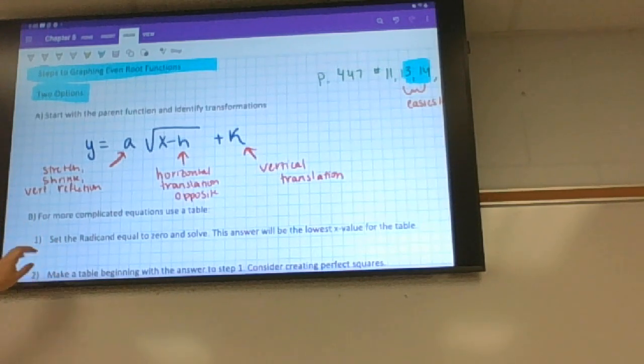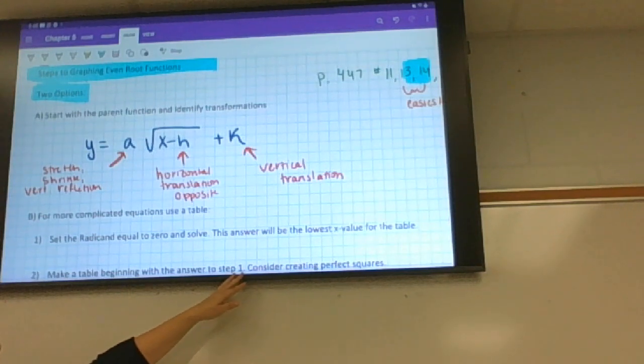Take whatever's under the radical bar, set it equal to 0, and solve it. That's how you'll make your table. Sometimes you're going to have to use decimals because you can't figure out what numbers will square root, and that's okay. You want to always consider creating perfect squares.